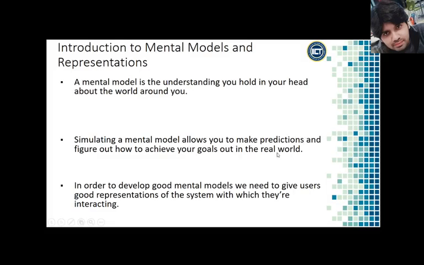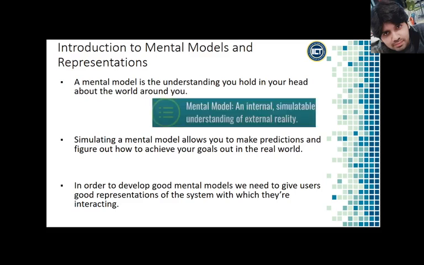A mental model is the understanding you hold in your head about the world around you. So how you take into account the environment and how you assume that the system would work based on your understanding. That is the definition of the mental model. Basically it's an internal simulatable understanding of external reality.